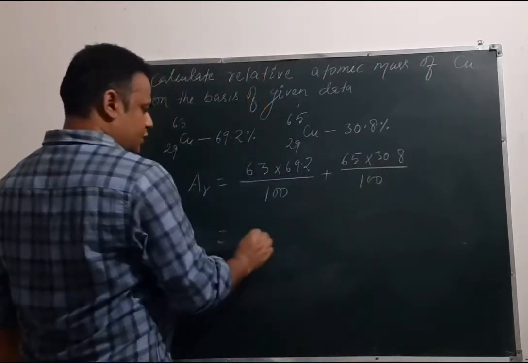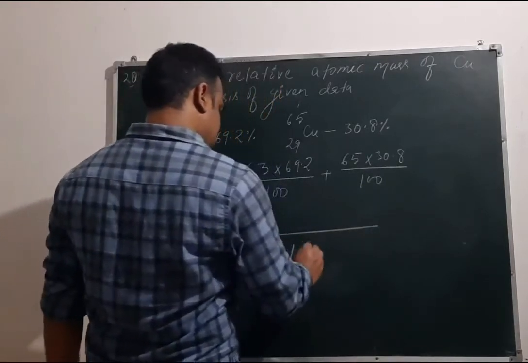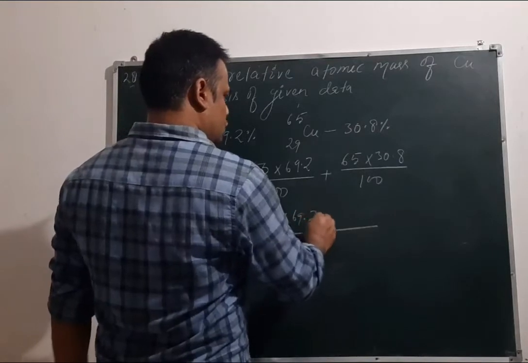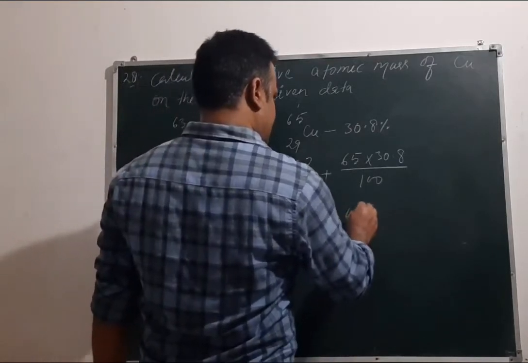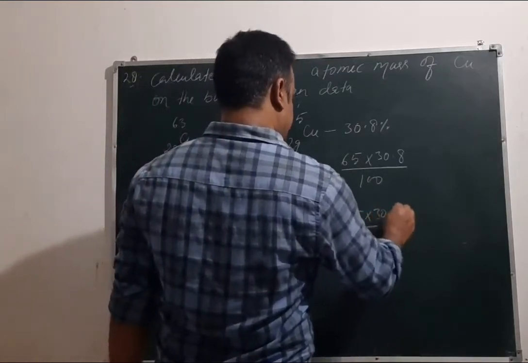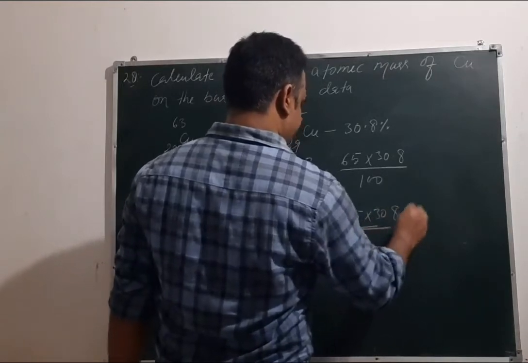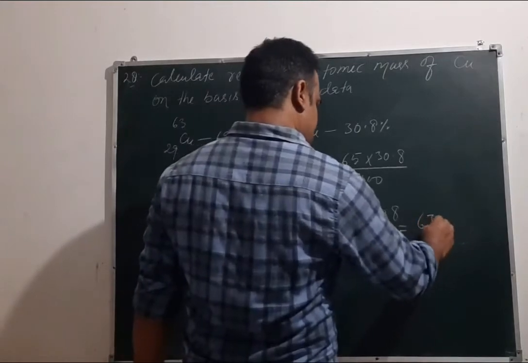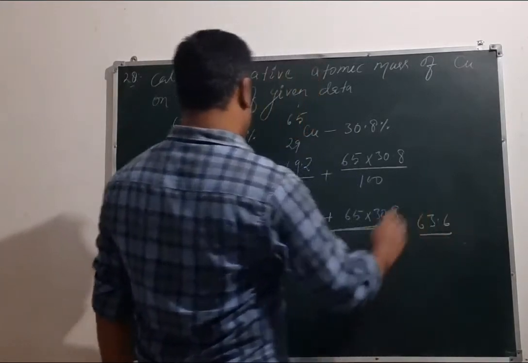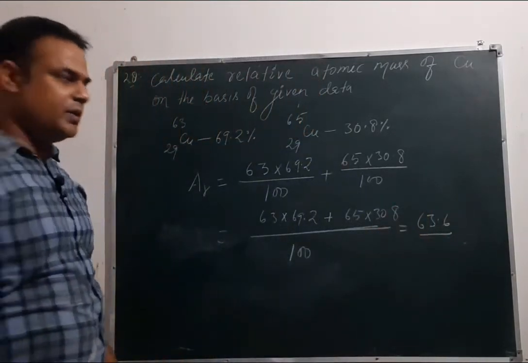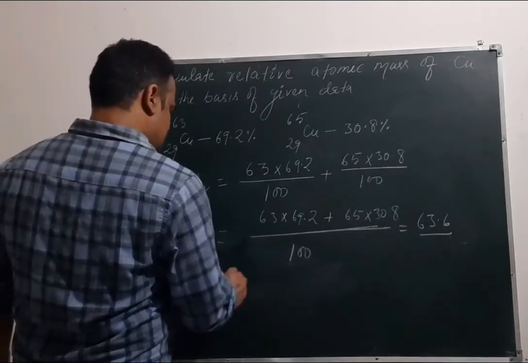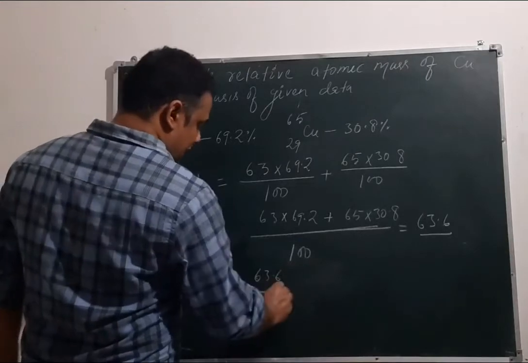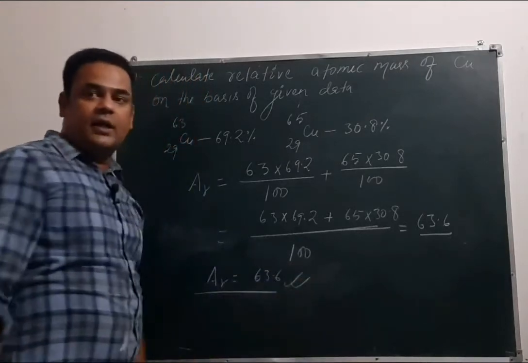If we take this 100 common, we'll have here 63 into 69.2 plus 65 into 30.8. So solve this, then our answer will be 63.6. On solving we'll have relative atomic mass 63.6. So the relative atomic mass of the copper atom is 63.6, and this value is given in the periodic table.